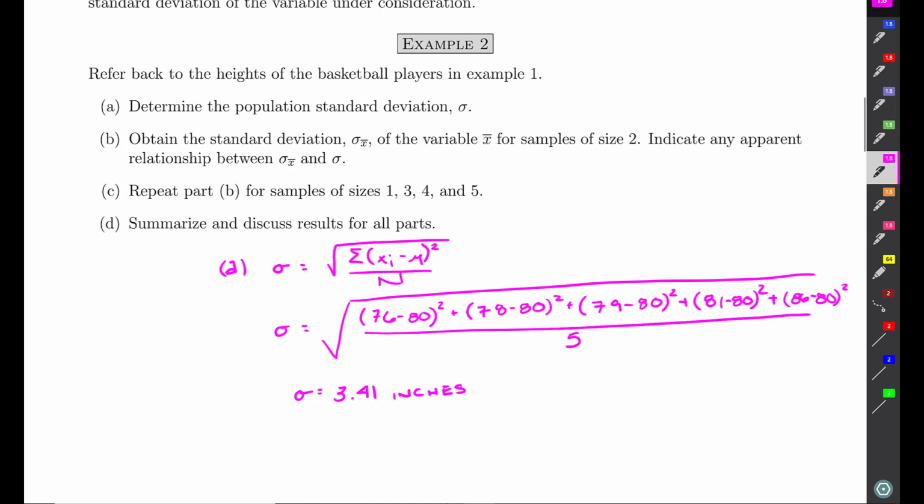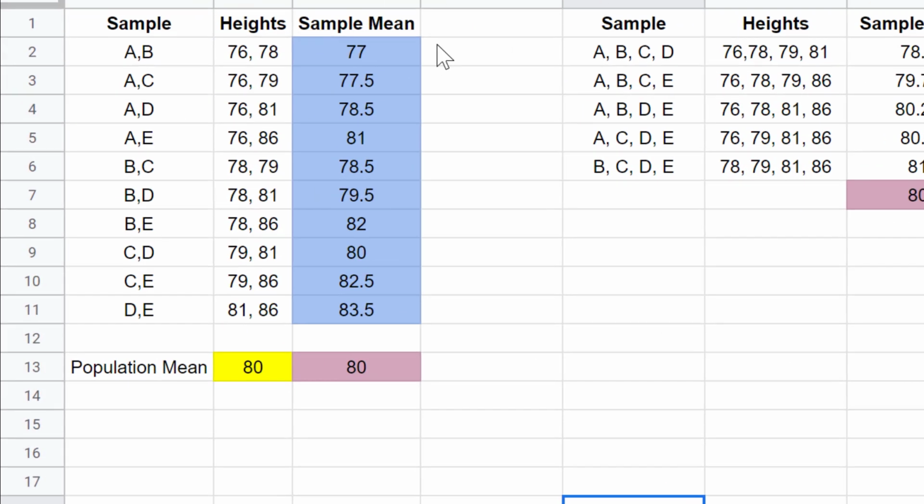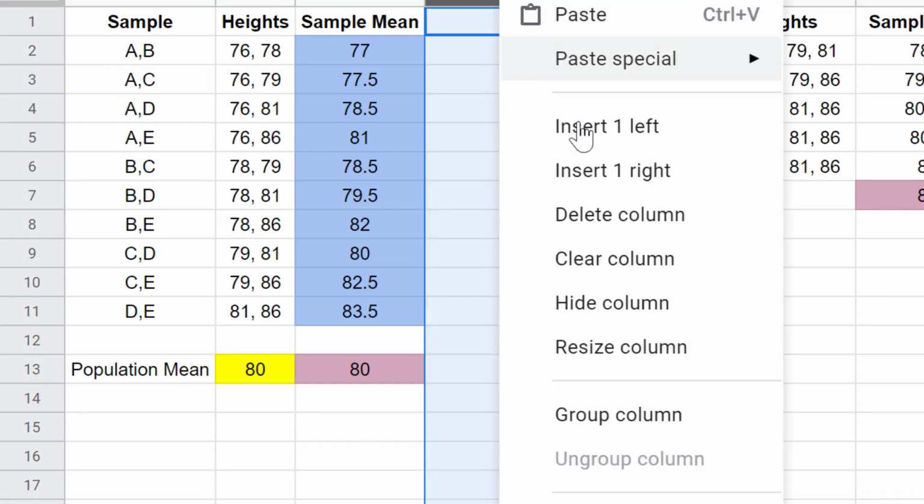Now we want to obtain the standard deviation of samples of size 2. So I'm going to go back to Google Sheets, and this time I'm going to use Google Sheets to do the computation for us. So we will go right here, and I'm going to add a column in here. I didn't give myself enough room.